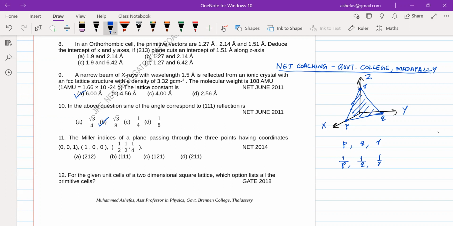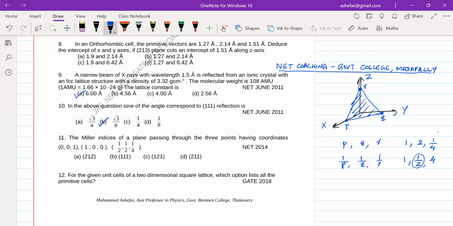For example, if P is 1 and Q is 2 and R is 1 by 4, then 1 by P would be 1, 1 by Q would be 1 by 2, and 1 by R is 4. Now there is a fraction present: the center one has 1 by 2, with the 2 in the denominator.